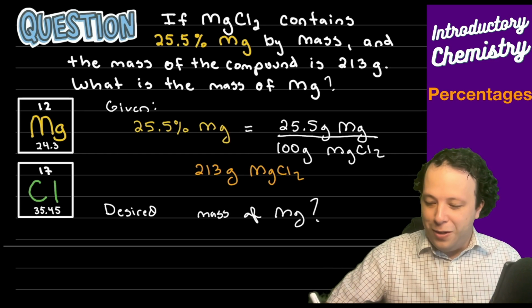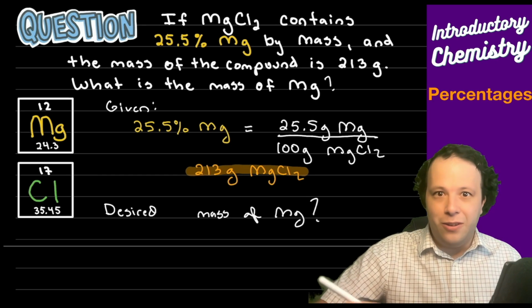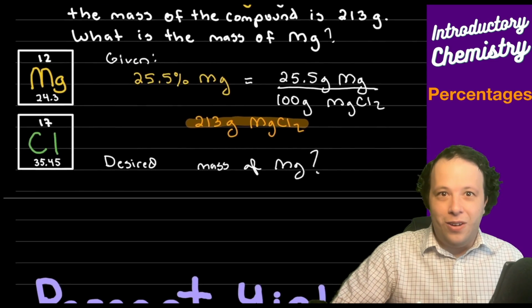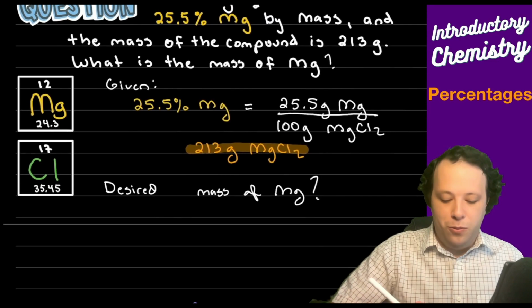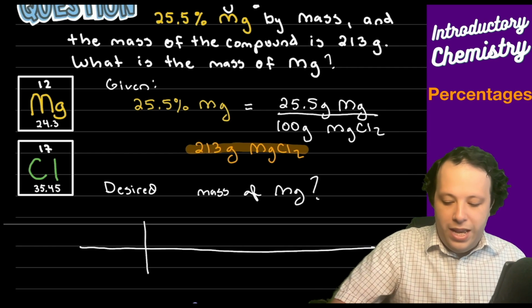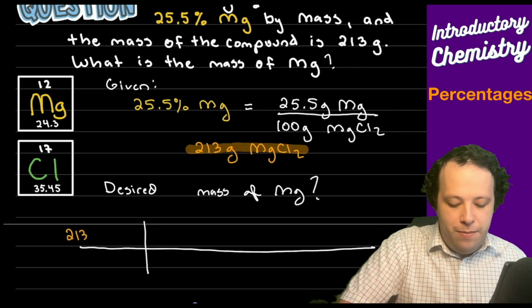We have a term that is by itself. So we are going to start with this guy here, right? It is by itself. So let us write down our t-table. We have our 213 grams of MgCl2.